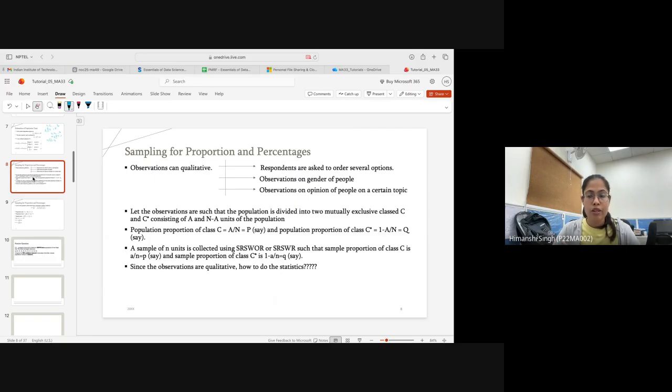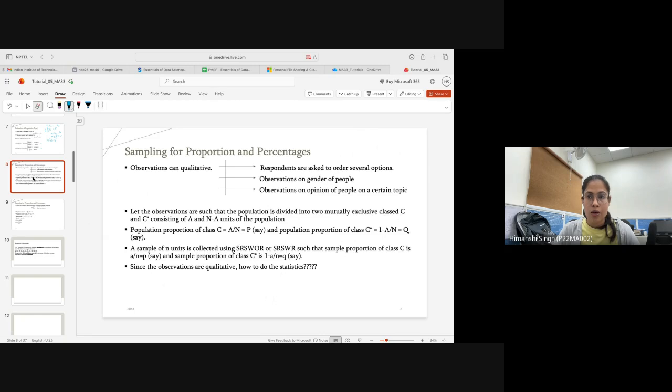Okay, now for such kind of scenarios, if I have a sample which consists of qualitative observations, then first of all, there is one technique where we just convert that qualitative random variable or qualitative sample to numeric.